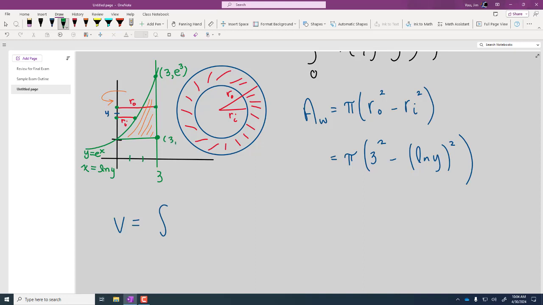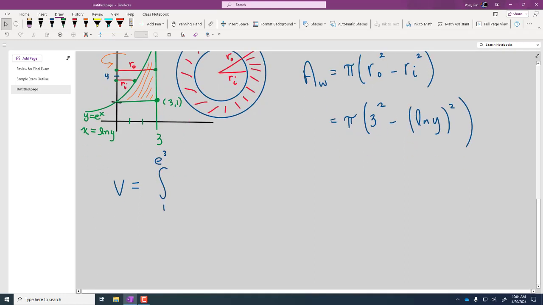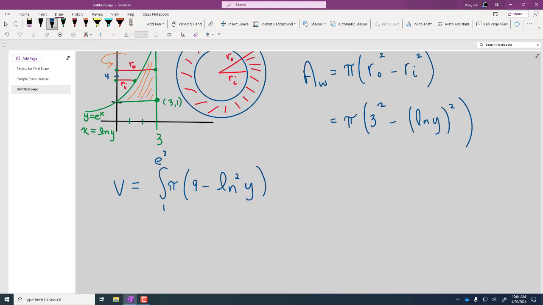So that's 3 comma 1. So we're going to go from 1 to e cubed. And then that whole quantity there: pi multiplied by 9 minus, they like to write natural log squared like that in this book. So we'd have that.